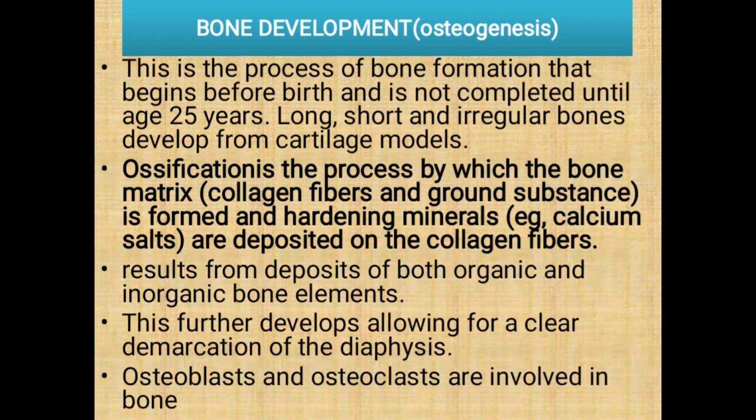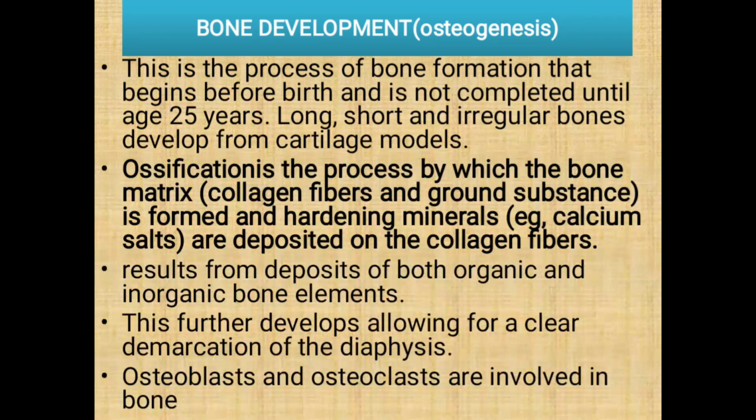So we have noted that ossification is the process in a bone matrix in a form na ina harden, na pia kwa hii process utanote kwamba calcium salts zinakuwa deposited kwa hizo cartilaginous fibers. So bone matrix basically ina involve vitu mbili, the cartilaginous fibers na ground tissue ama ground substance.